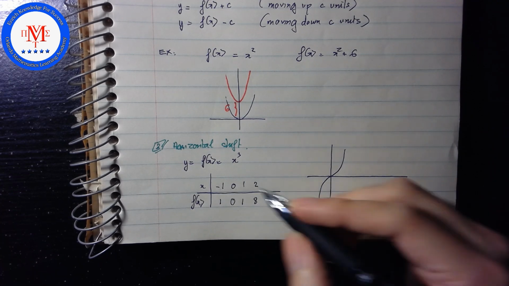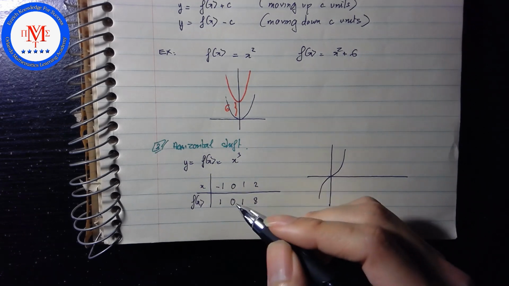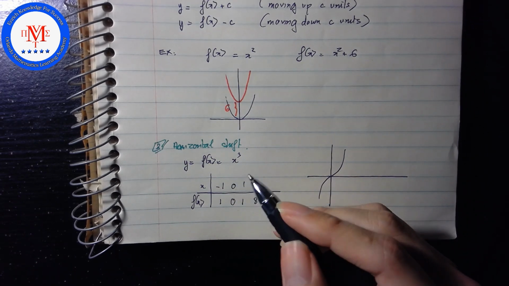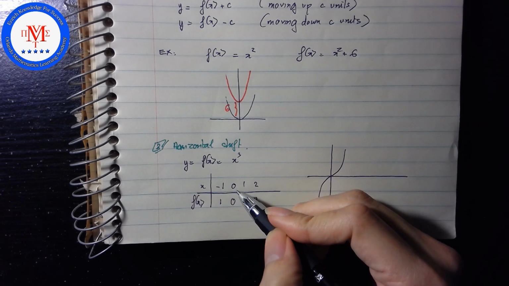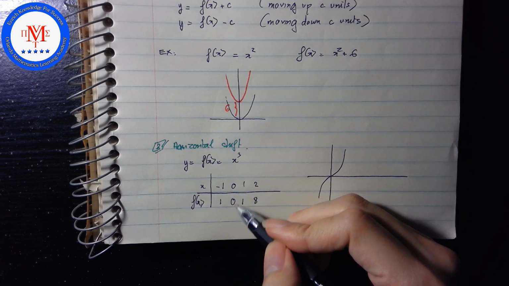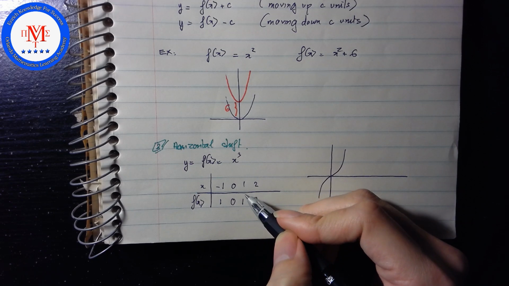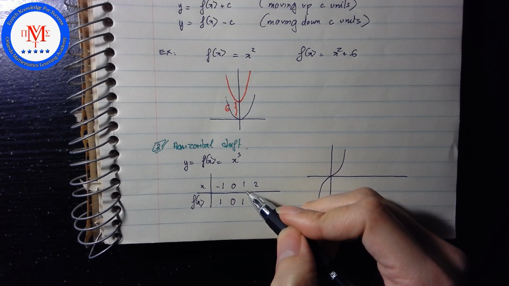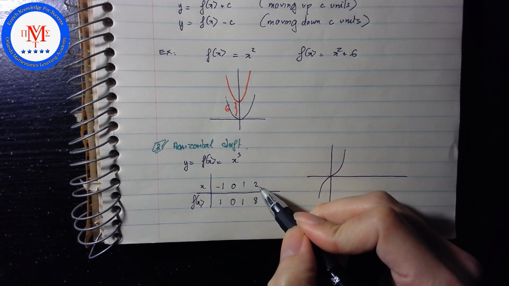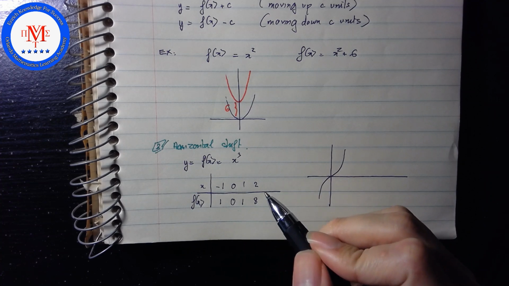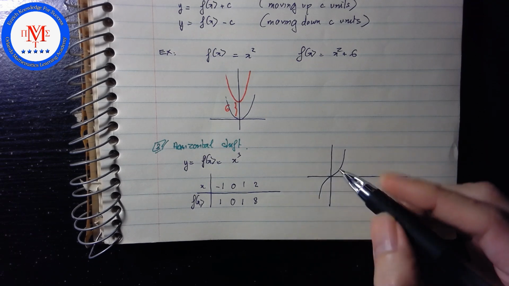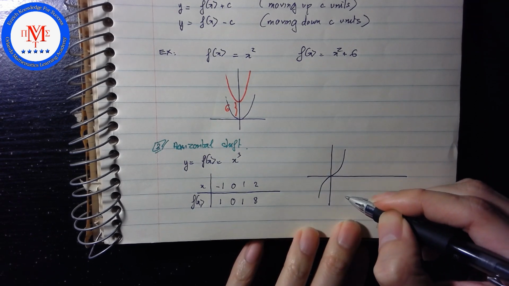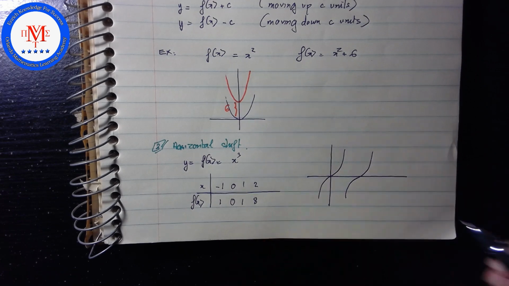So instead of having -1 and 2, we have -3 and 0. We have -2, 0. We have 1 minus 2 is -1, 1. We have 0, 0, and 2, 8, for example, right? So we would have something like this if we want to move to the right.